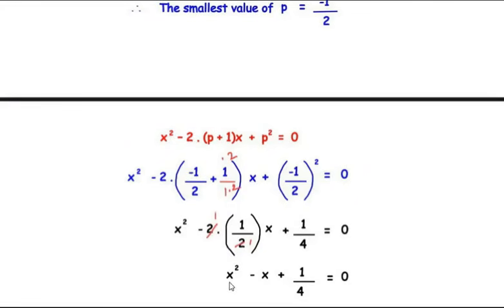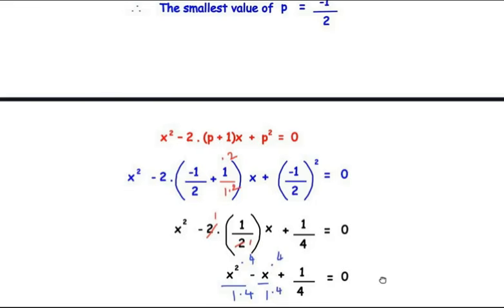Now here let us take a common denominator, that is x square can be written as x square over 1 and negative x can be written as negative x over 1. Now we are going to multiply x square by 4 and 1 also by 4, that is this denominator, and similarly x will get multiplied by 4 and 1 also gets multiplied by 4.